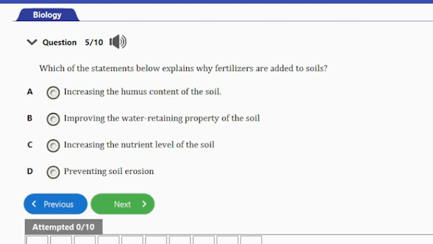And D. Preventing soil erosion. So guys, the answer to this question is option C, and that's increasing the nutrient level of the soil. Fertilizers are added to soils primarily to increase the nutrient level of the soil and provide essential nutrients like nitrogen, phosphorus, potassium, and so on. And that's it for that question.